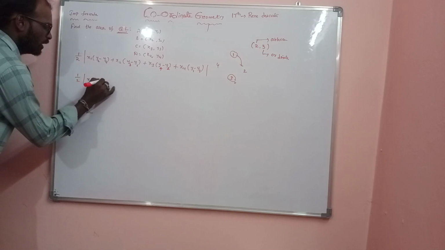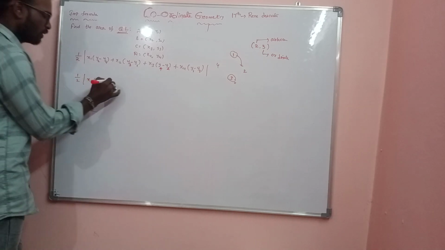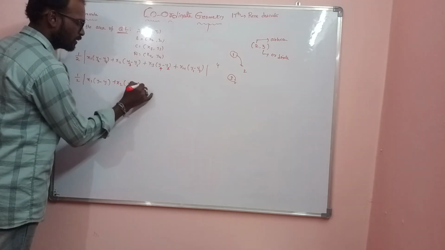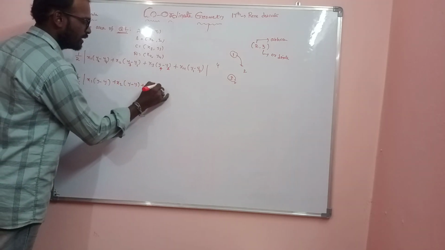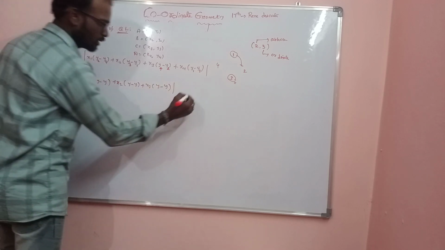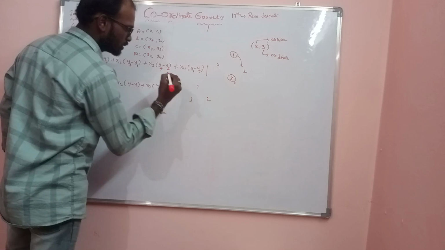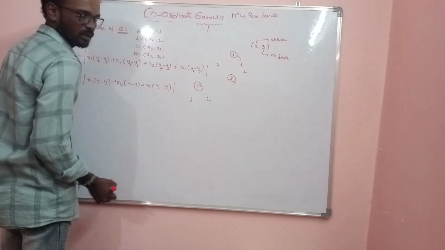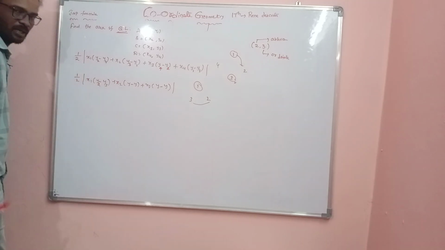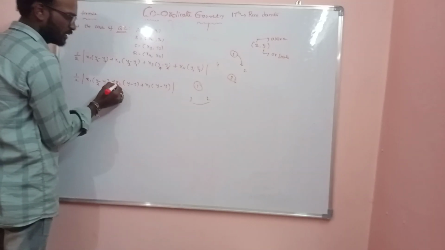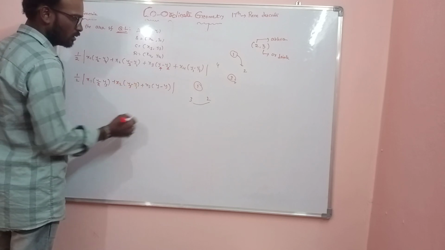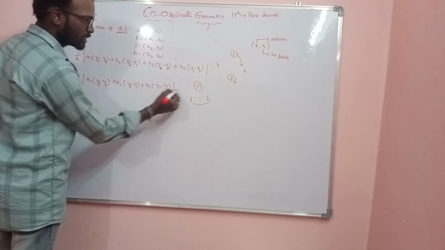For the area of a triangle, we know it is 1/2 |x1 (y minus y) plus x2 (y minus y) plus x3 (y minus y)|. The shortcut is 1, 2, 3: 1 is completed; the next value is 2 with 3; 2 is completed; the next is 3 with 1; 3 is completed; the next is 1 with 2.